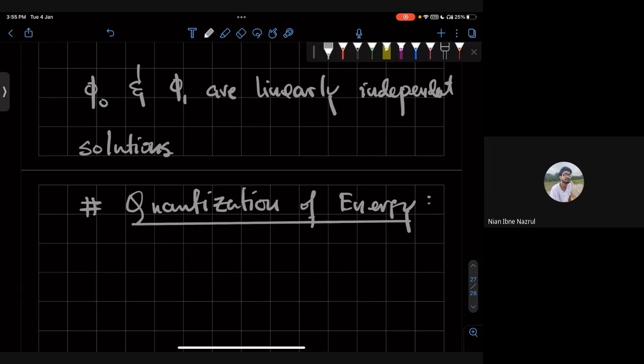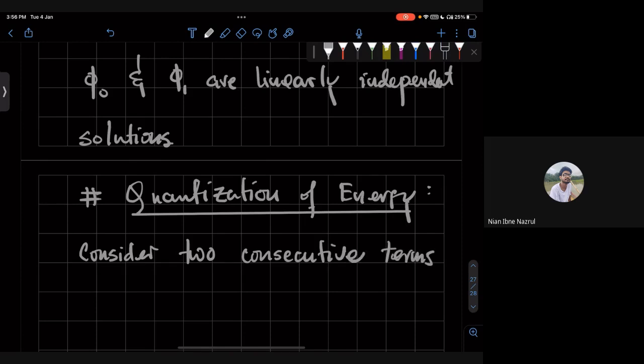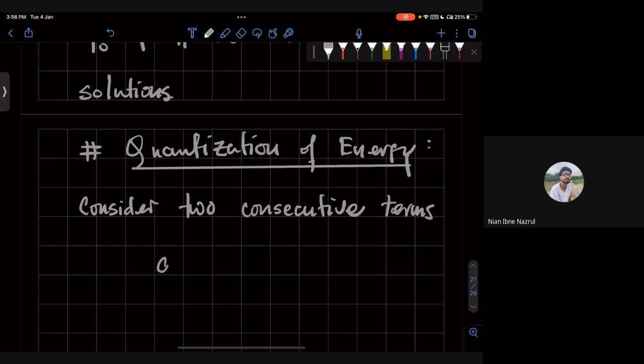Okay. So let us consider two consecutive terms in one of these series. So consider, say, two consecutive terms, a(n) and a(n plus 2).